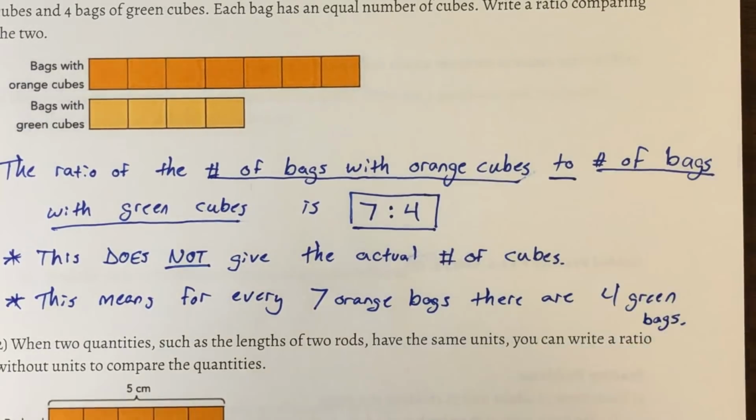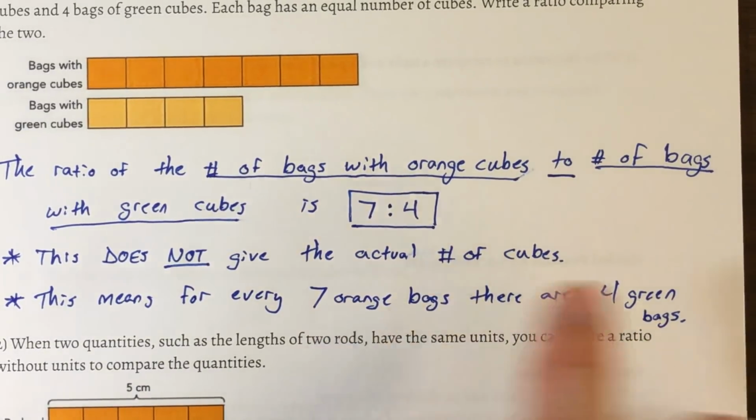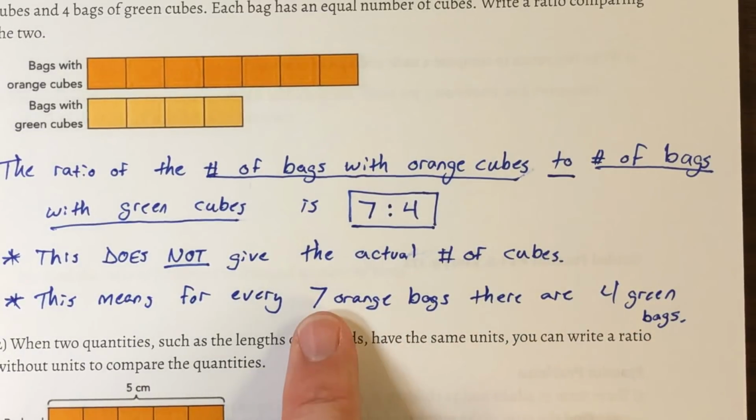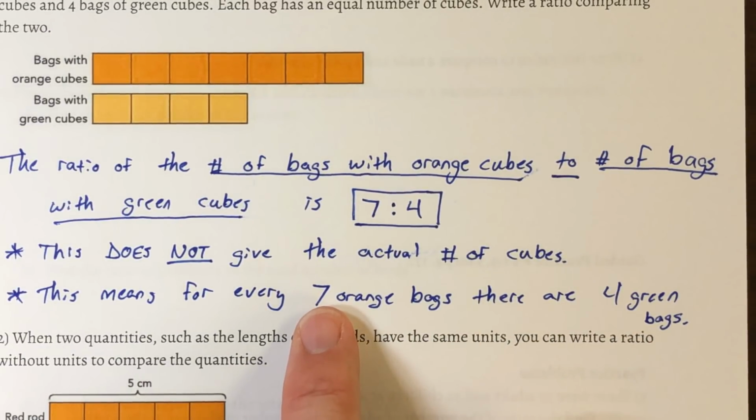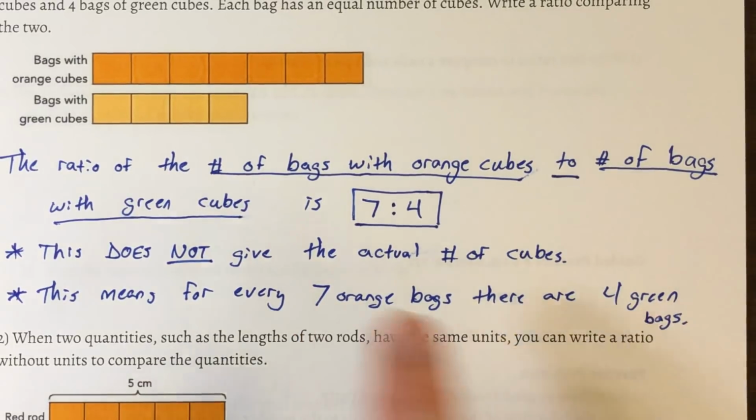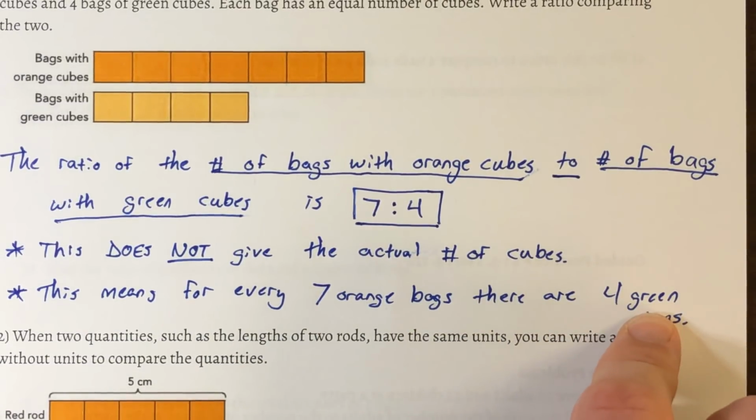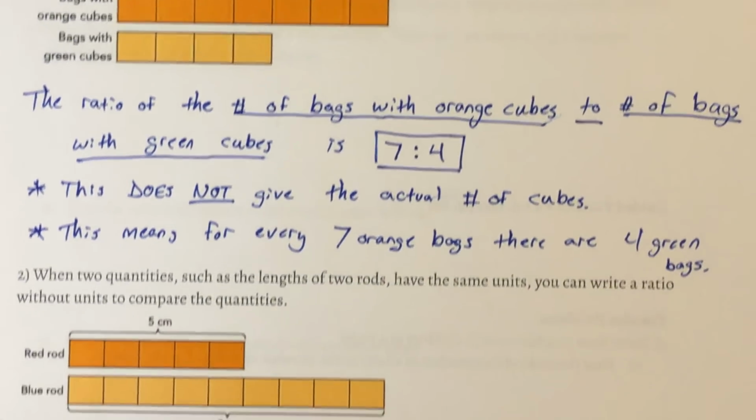Meaning, if I have more orange bags, I'm going to have more green bags. So I could double and say, oh, there are 7 orange bags, or 7 bags with orange cubes, technically. If I doubled that to 14, I would double that to 8. So these aren't really specific amounts. So think of ratios as fractions, and fractions actually are ratios. So fractions don't really give you specific amounts. All right, continuing.